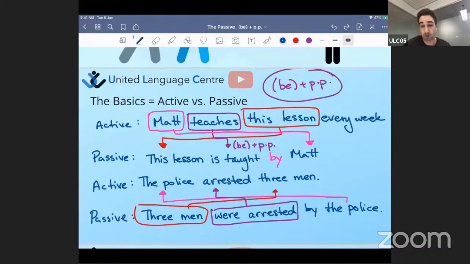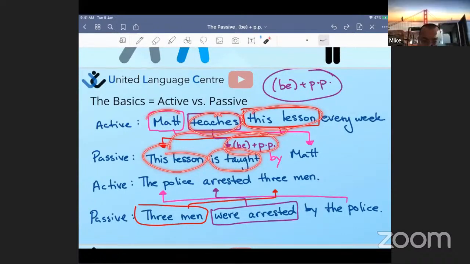Of course, if you guys are doing homework or taking a test, and you go to class and your teacher, of course we have to teach you because it's our job, but just moving the object over to the subject and then making sure we follow be plus past participle, and then if the doer is important, we put them on the end.